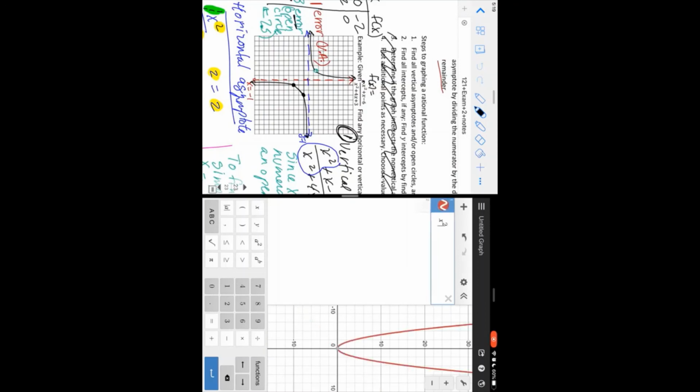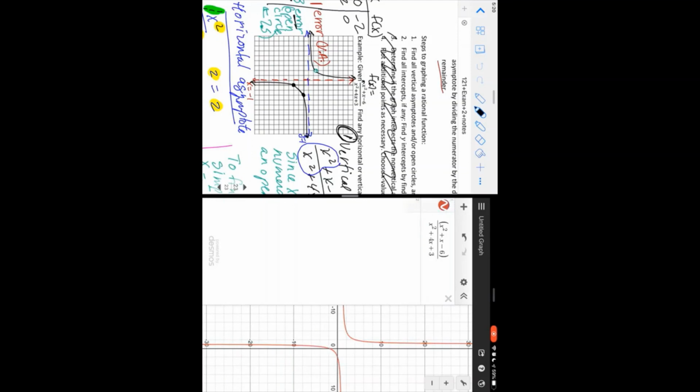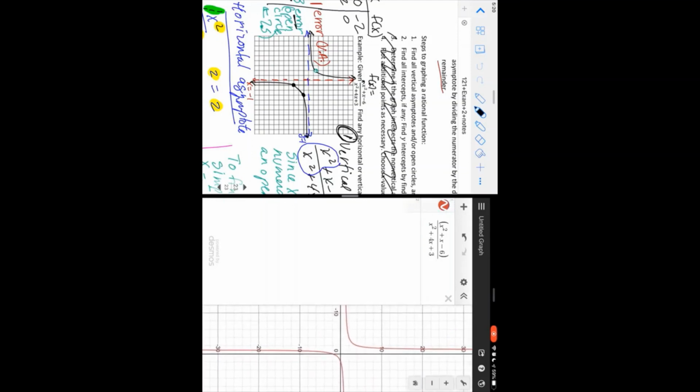So I'm going to have x squared plus x minus 6, all of it in parentheses, because I need to divide all of that. So it's a parabola divided by a parabola. So x squared plus 4x plus 3. And so this is technically what we have.